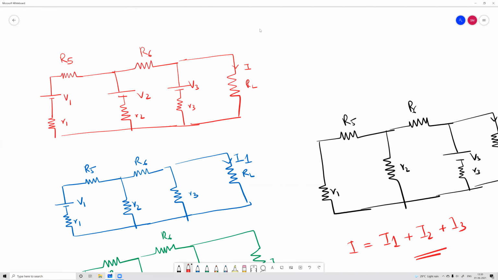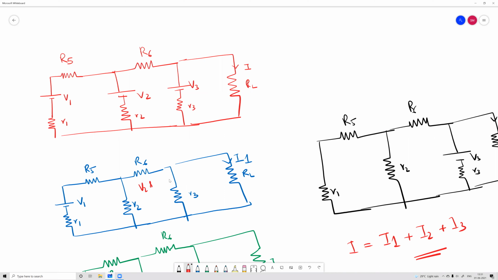Okay, no problem. Another way we can approach is we can divide this circuit into 3 parts. Each part has only one source, and all other voltage sources are short circuited, and all other current sources, if they are present, are open circuit. And we measure the current each time. Like we take only V1 and short circuit V2 and V3.